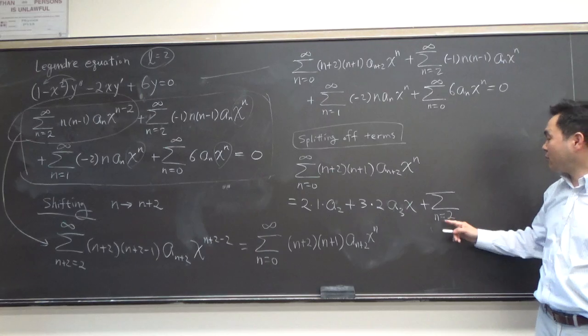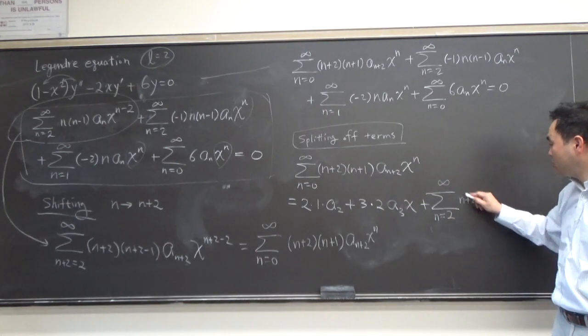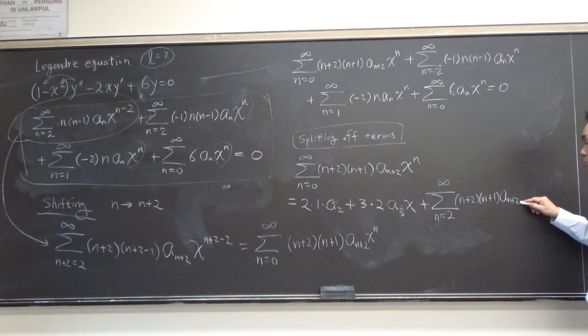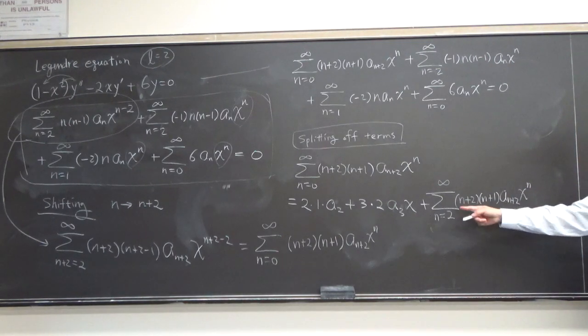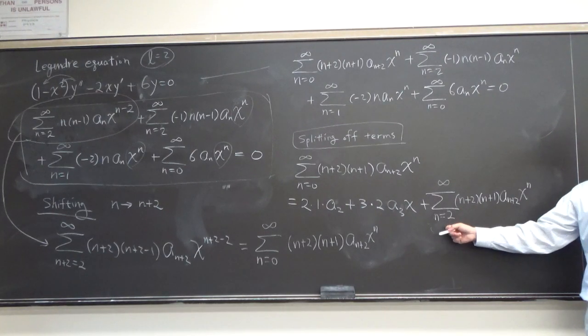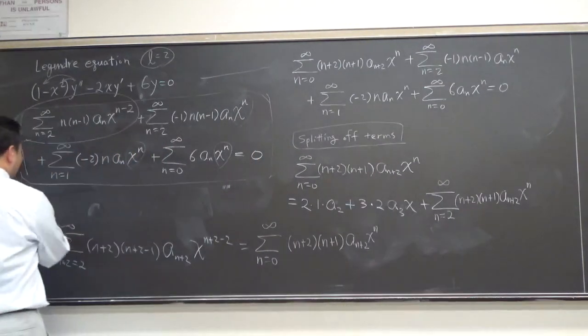All right. So you have n equals to 2 to infinity of the same thing, n plus 2, n plus 1, a n plus 2, x to the n. Nothing changed other than n starts from 2. Okay? All right. So now, let's see what happens.